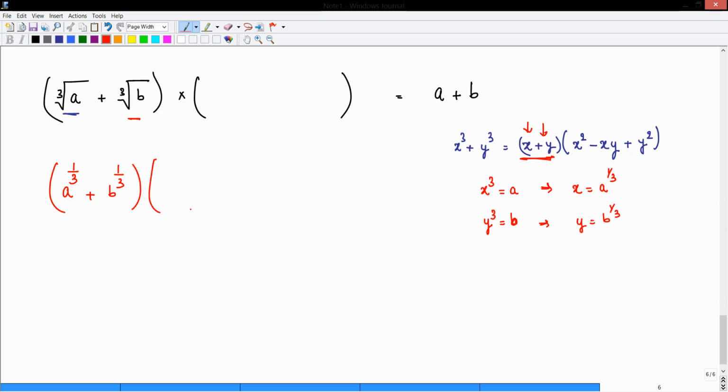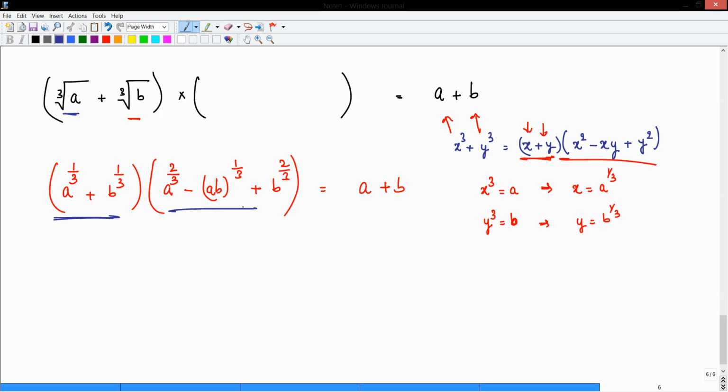into x square, a power 2 by 3, ab to the power of 1 by 3, b power 2 by 3 is going to be x cube plus y cube, which is a plus b, right? So the terms in the first bracket becomes the rationalizing factor of the second one. Second one becomes the rationalizing factor of the first one.